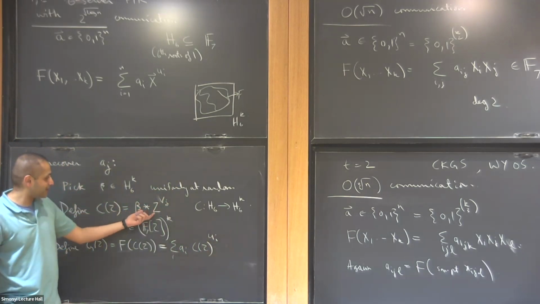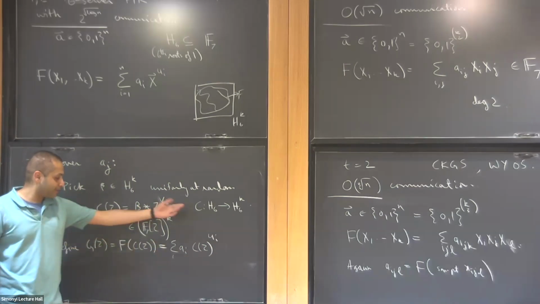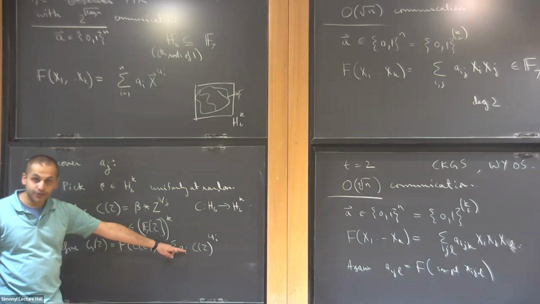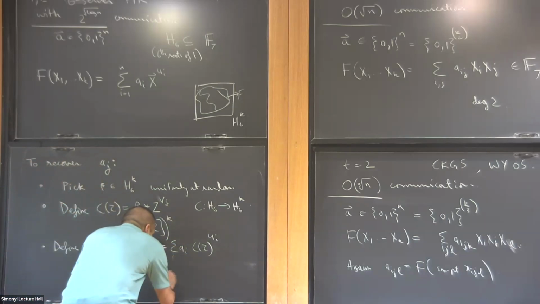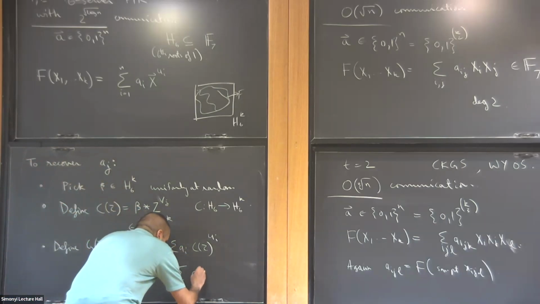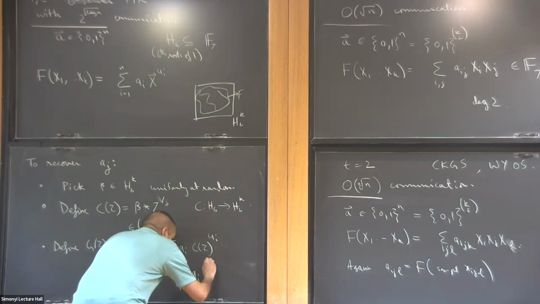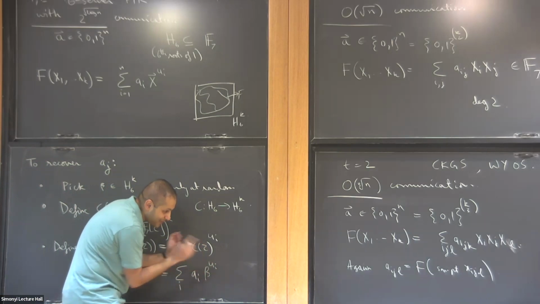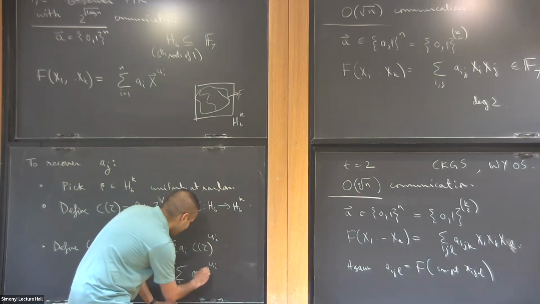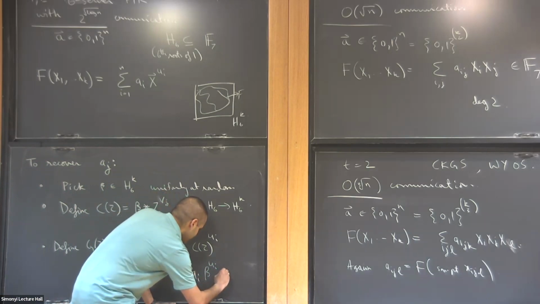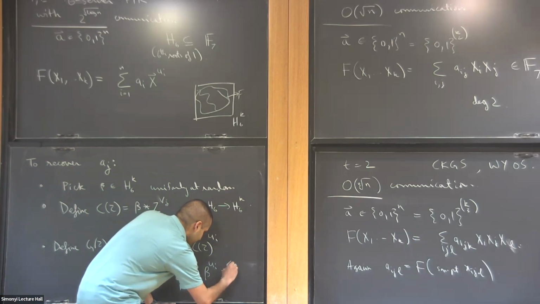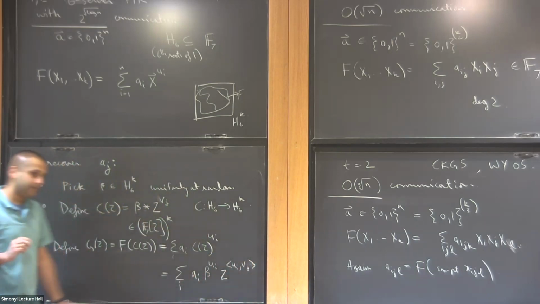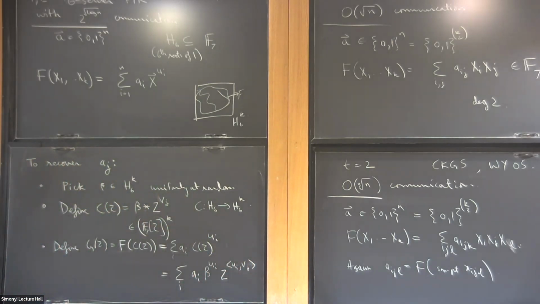Beta pointwise product Z to the Vj, whole to the Ui. And if you open it up, you'll see the inner product of Ui and Vj just shows up there. So this is equal to the sum over all i of Ai times beta to the Ui. Beta is a tuple, Ui is a tuple. When you take a tuple to the tuple, you get a one-dimensional thing, a single thing. And Z to the Ui inner product Vj. And that's G.